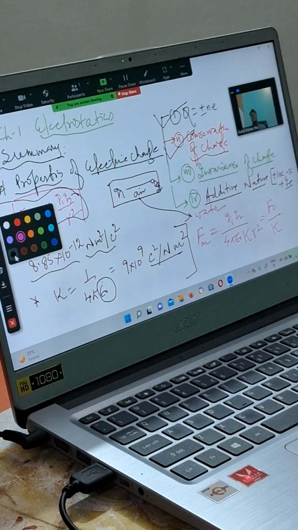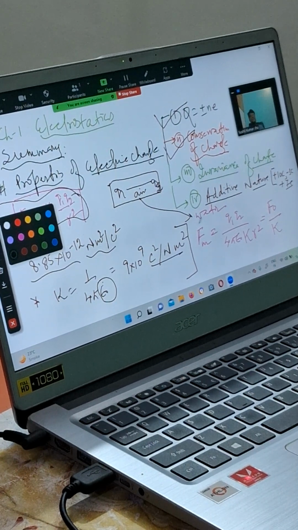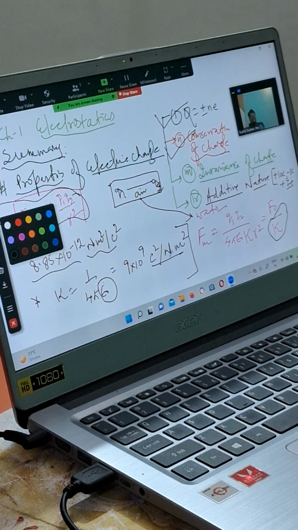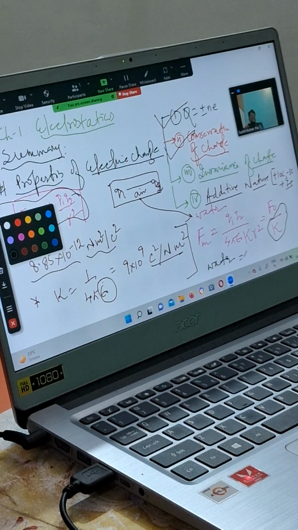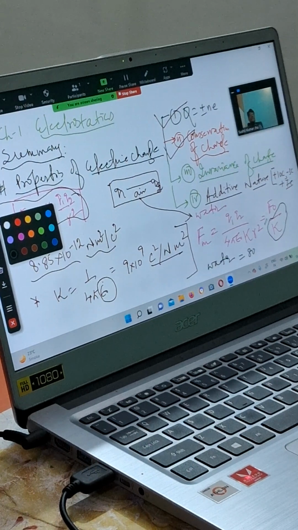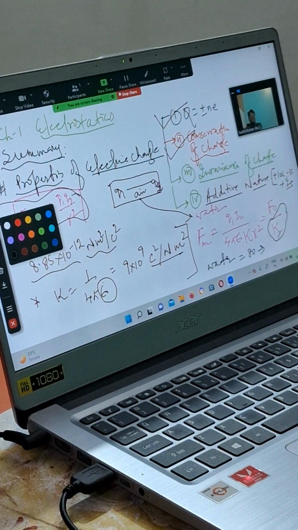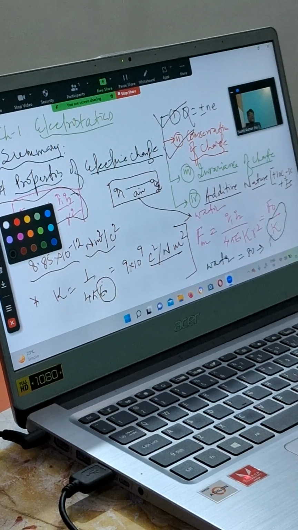So what we see is how the magnitude of force is going to change. It will change by a factor of 1 upon K. Like for water, the value of K is 80. So for same value of the charges and same distance, the Coulombian force will reduce by a factor of 80.